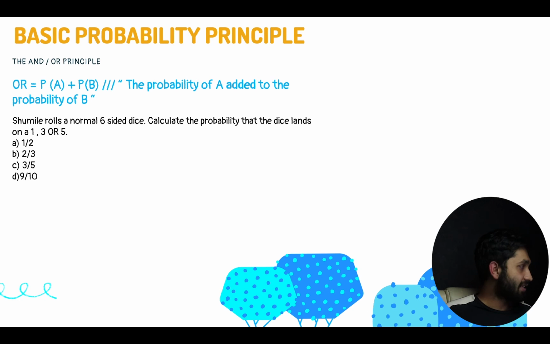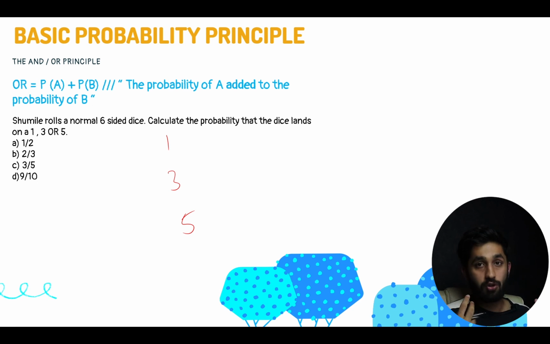Okay, so let's take a look at this example here. Shumile rolls a normal 6-sided dice. Calculate the probability that the dice lands on a 1, 3, or a 5. Now, what is the probability of getting a 1? Well, as we know, it's a normal 6-sided dice, and one of those sides has the number 1 on it. So the probability of rolling a 1 is 1 over 6.